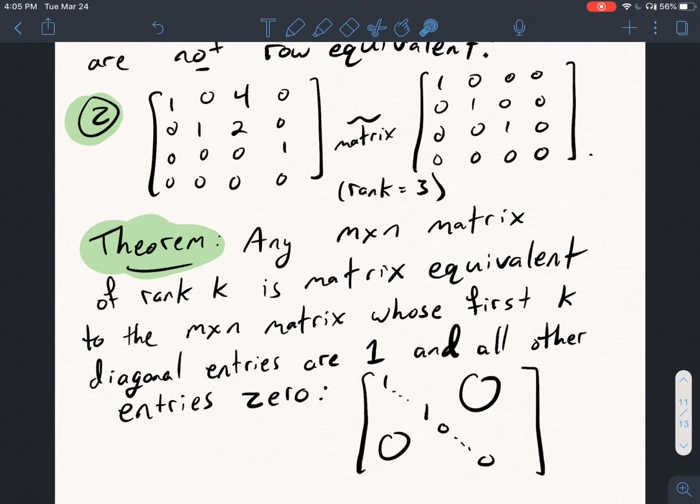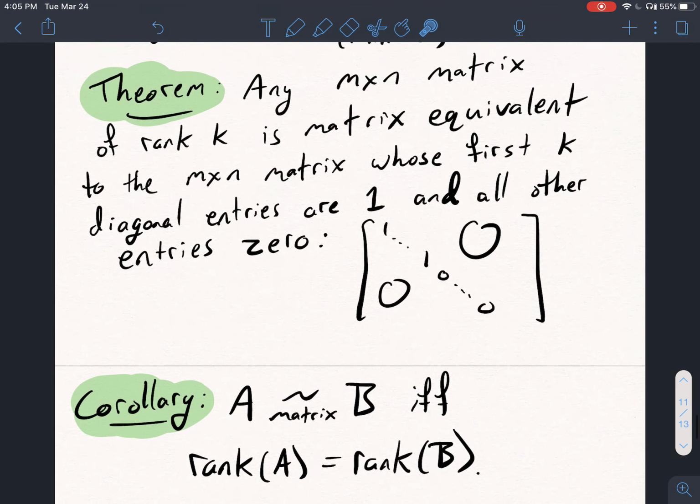So maybe there's a 7 over here or something like that. Doesn't matter, because you can use this pivot and do column operations to make every entry to the right of it zero, in the same way that you can use row operations to make everything below your pivots equal to 0 as well. Once you make everything to the right of all of your pivots equal to 0, then you can just do some column swaps to put it into the form that you want, just like we did in this example here.